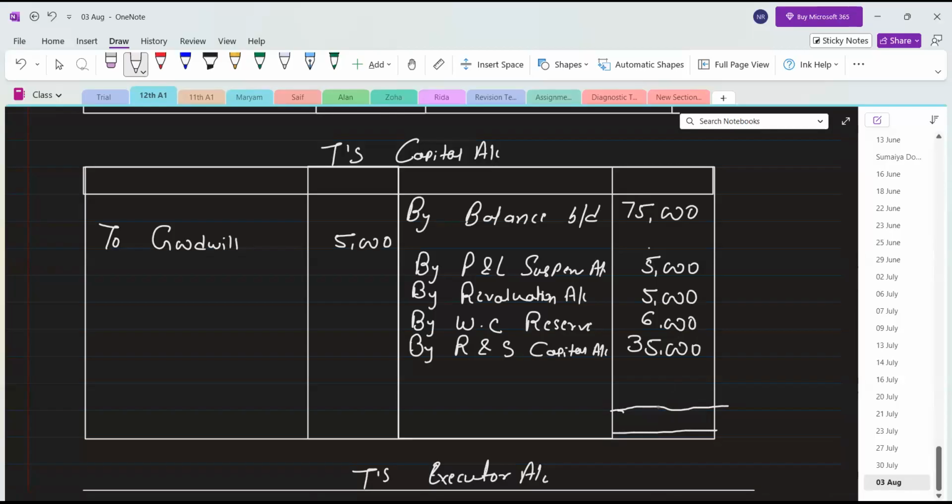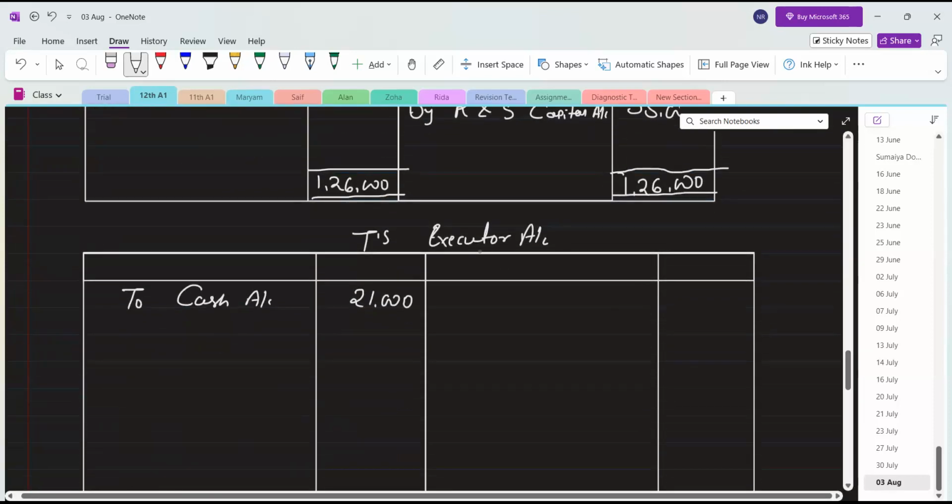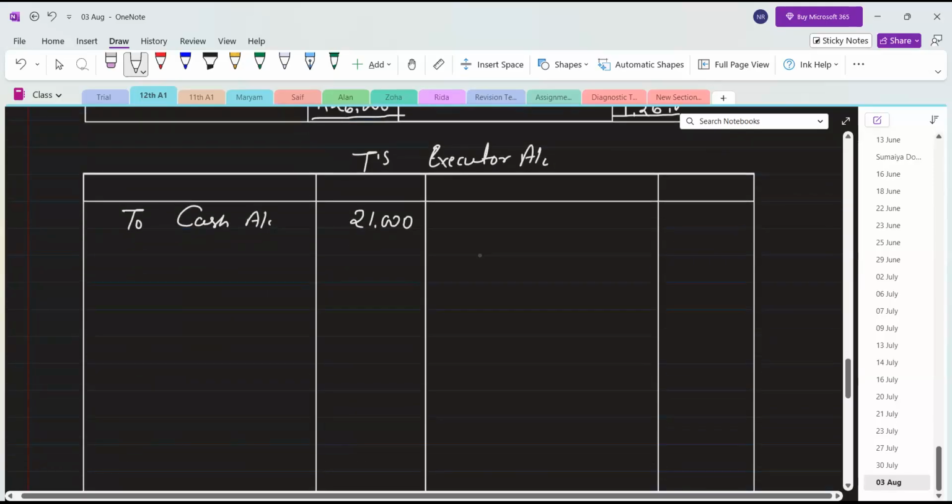So 885.91 plus 596.30, 1,26,000. The balance will go to executor account, 1,21,000. Yes, now after this, the main solution of the current topic is going to start.